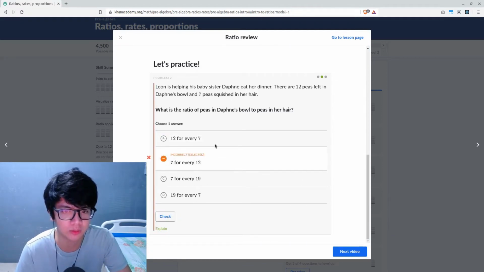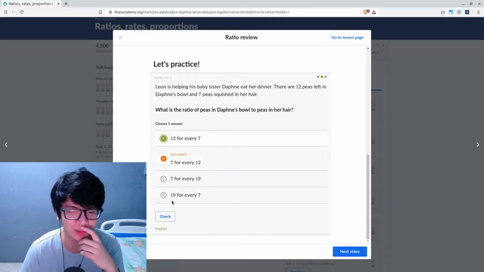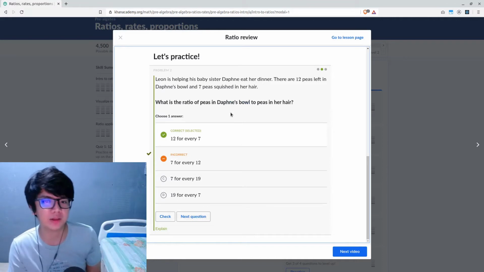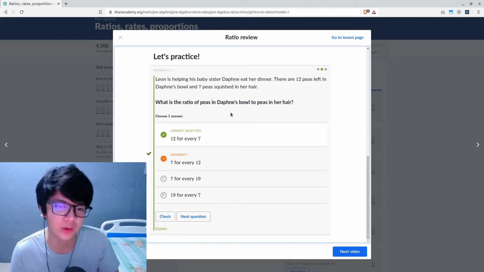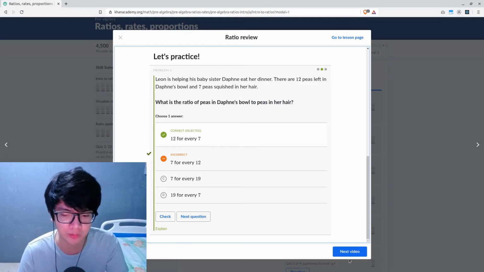Okay, made a mistake. There are 12 pieces left. Ratio of pieces in Daphne's bowl to her hair. Okay, it's going to be 12 for every 7.